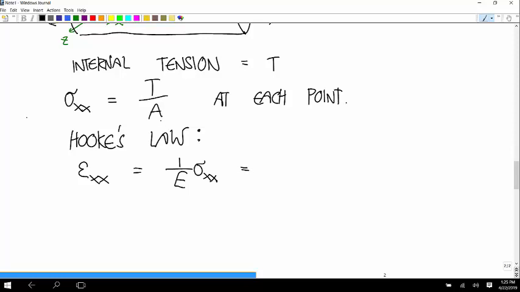And we can substitute in for the stress, and we get T over EA.